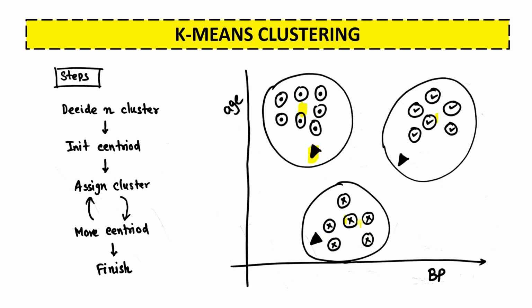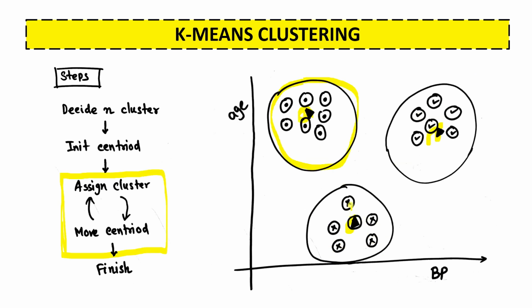Those data points are near to the centroid, which means our k-means clustering algorithm is working perfectly, and we can go to the finish step.